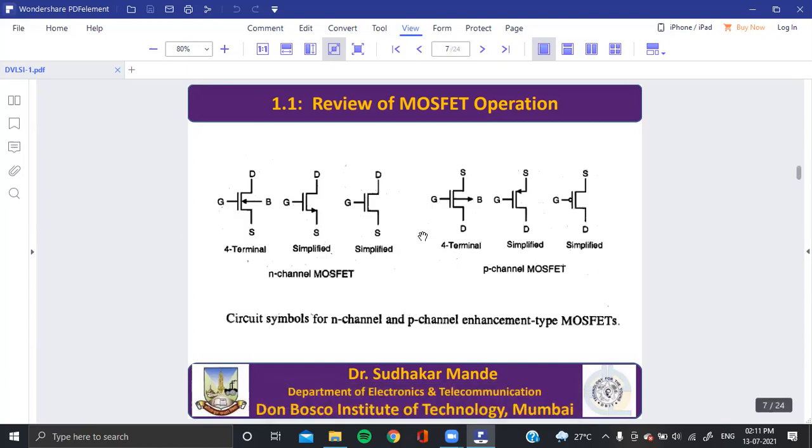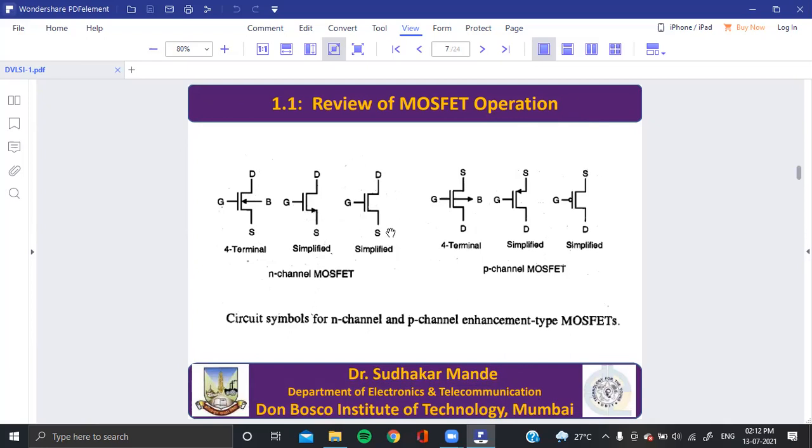And when it is used in a circuit, these are the various ways to represent the MOSFET in a circuit. This is for P channel, N channel MOSFET. In N channel MOSFET, substrate is of P type, and in P channel MOSFET, substrate is of N type. So this is drain, this is source, this is gate, this is substrate. Similarly, here this arrow indicates N type, and if arrow is placed on source and if it is outside, then it is N channel MOSFET.